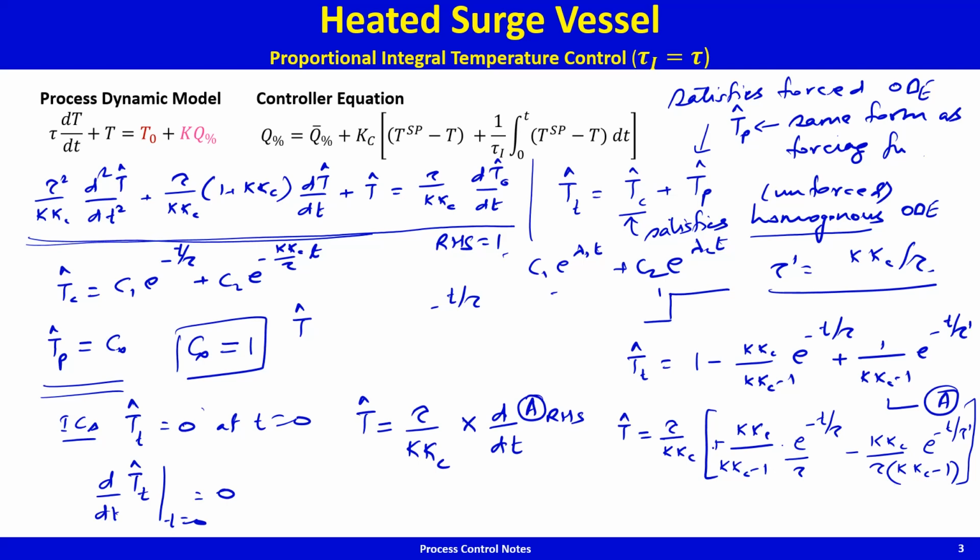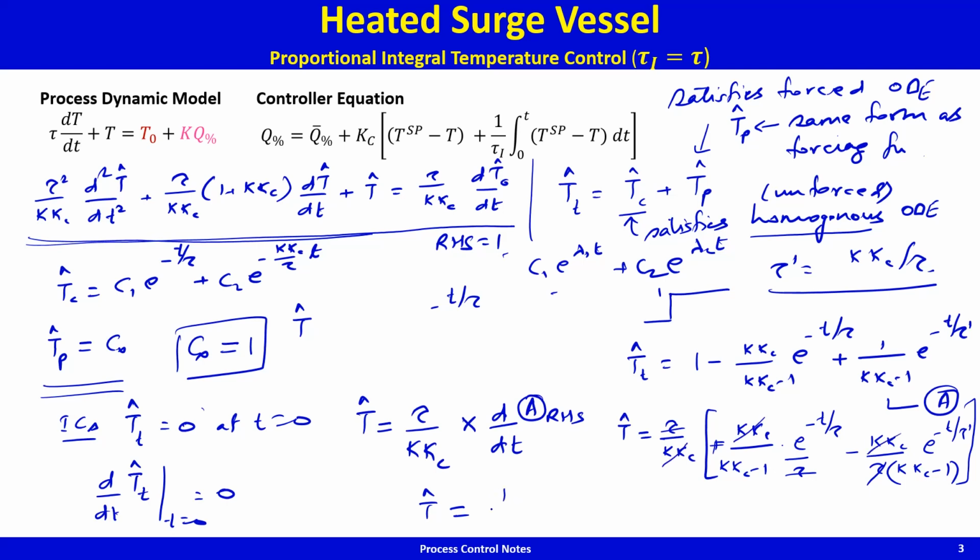And so when you multiply by tau, this tau and these two taus cancel out. So what you get is t tilde is equal to, in fact the kc also cancels out.